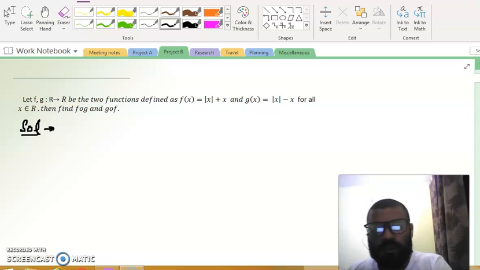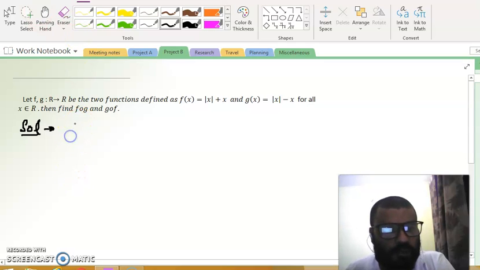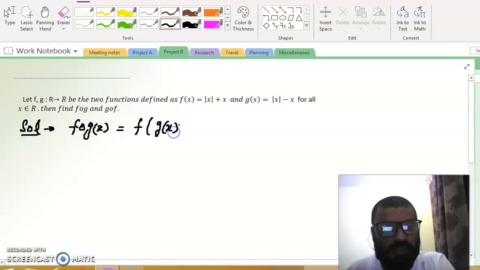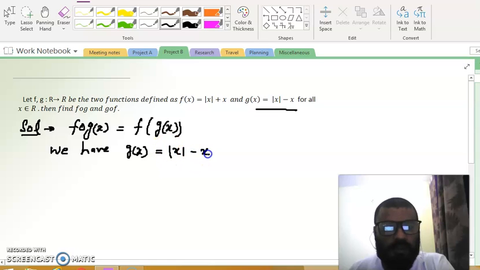Okay, so let's discuss. First of all, I'm going to discuss f of g. f of g equals f of g(x), that we can write, and we have g(x) equal to |x| - x.